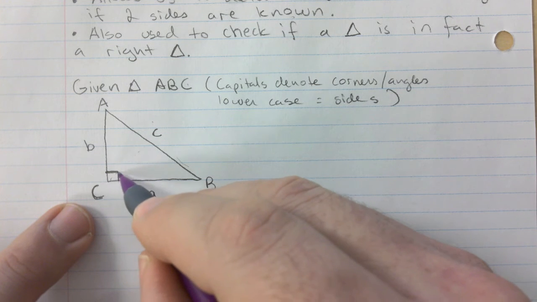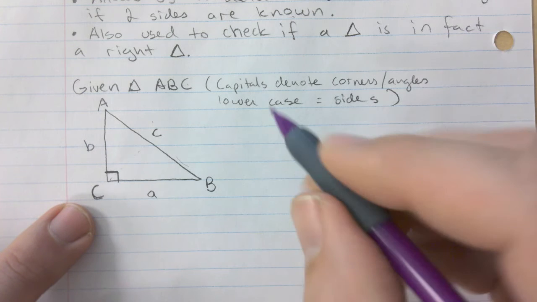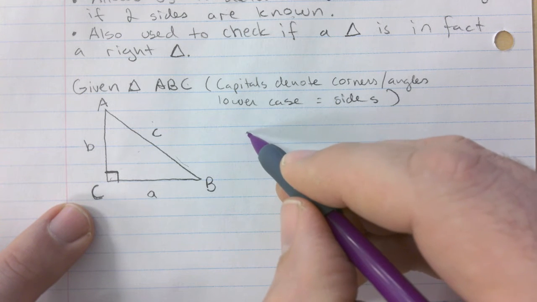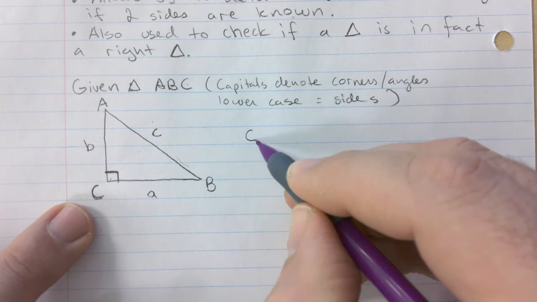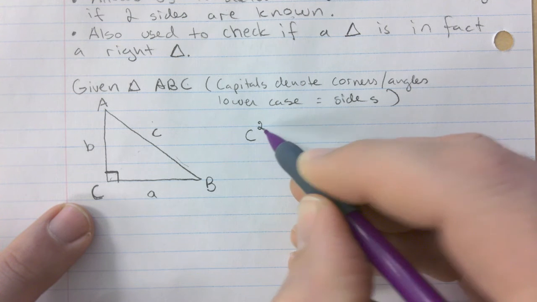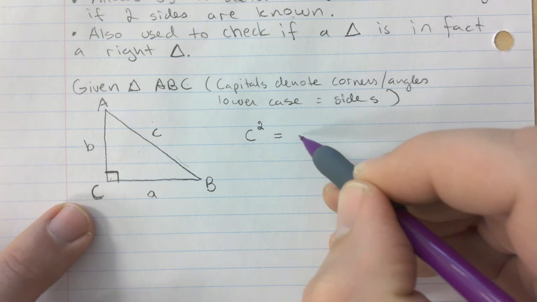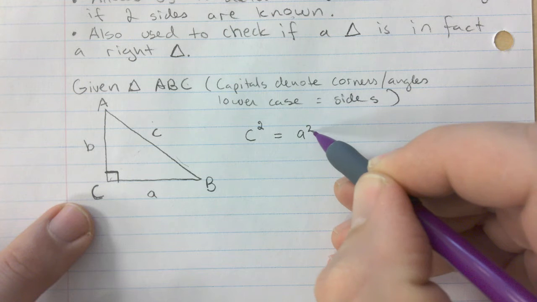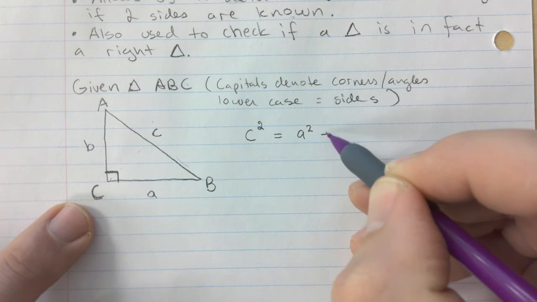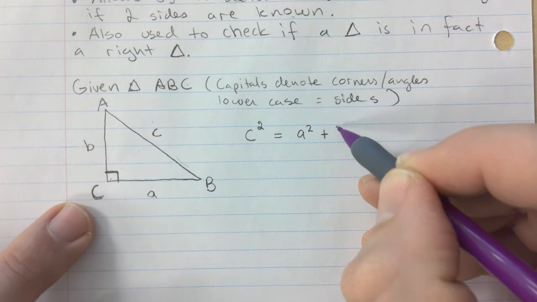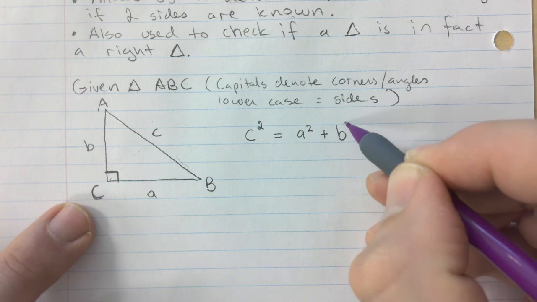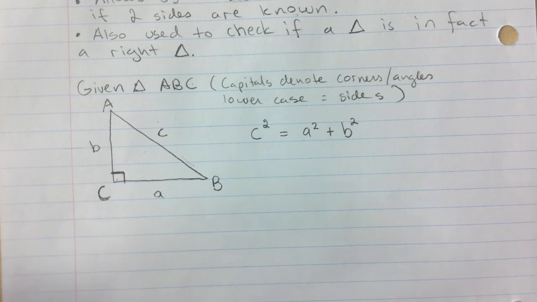Notice that this is a right triangle. You're guaranteed it's a right triangle. We know that side c squared is going to be equal to a squared plus b squared. I know some teachers have been doing ABC with you and they flip this on you, but I like to have it this way, okay?